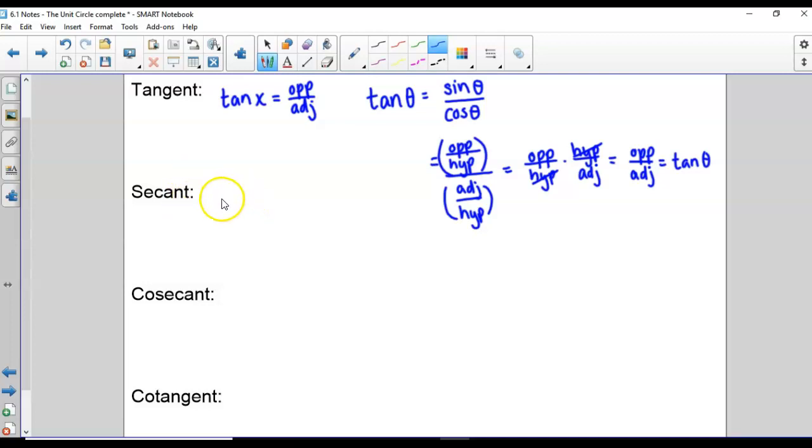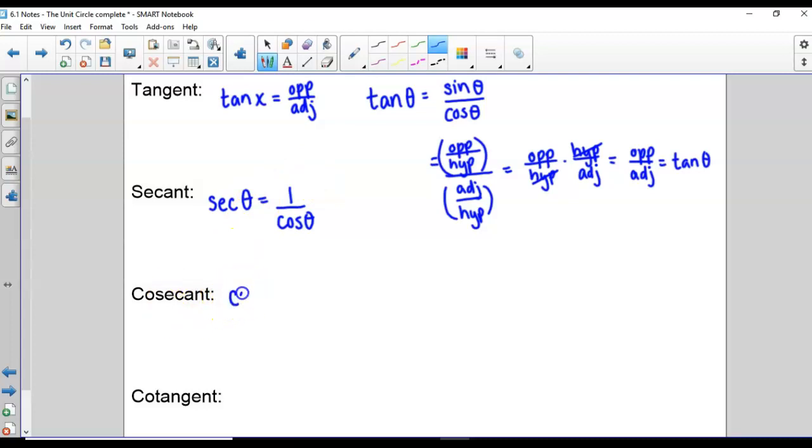Secant is abbreviated SEC, and secant is 1 over cosine of theta. And I could do the same thing over here to show you why that's the case, but you can take my word for it.